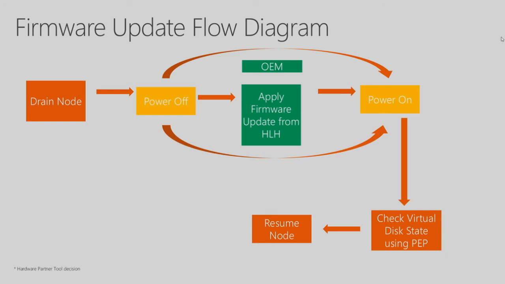Our hardware partners provide the tooling on the hardware lifecycle host to update the components. Once you've updated all the components, you have to check the health status of the virtual disks before you move on with the next node. Obviously, you then resume the node in the UX or through PowerShell to make sure that it's available for placement again.